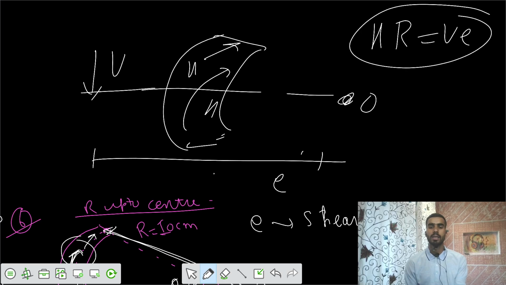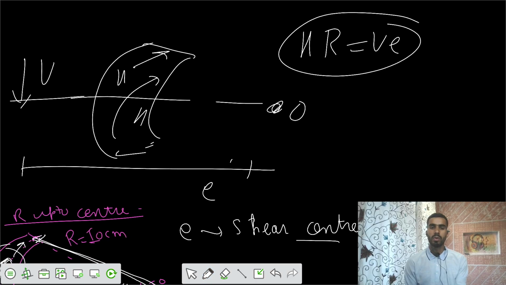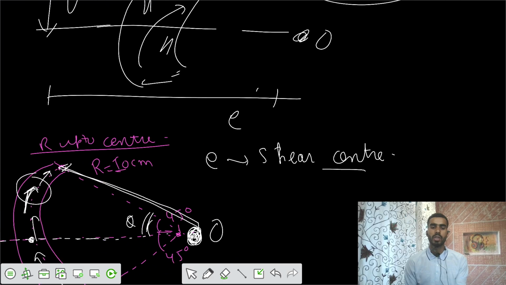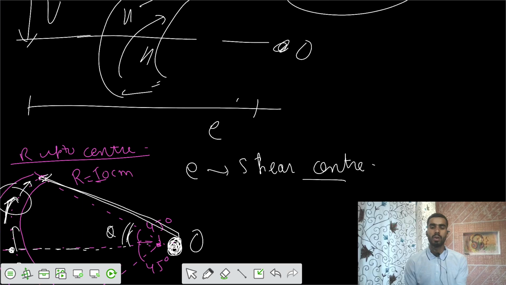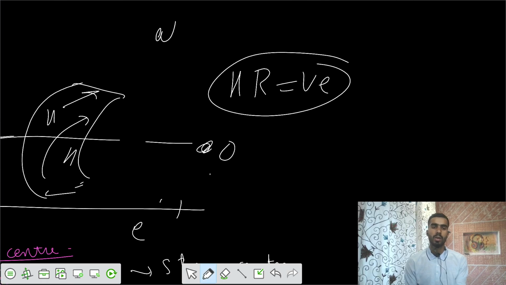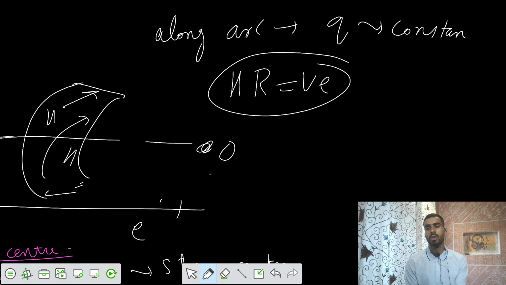Can we say that? But along the arc, your H is constant, your shear flow is constant. Along the arc, your q value is constant. q naught is constant, and we want to say what is the value of q.